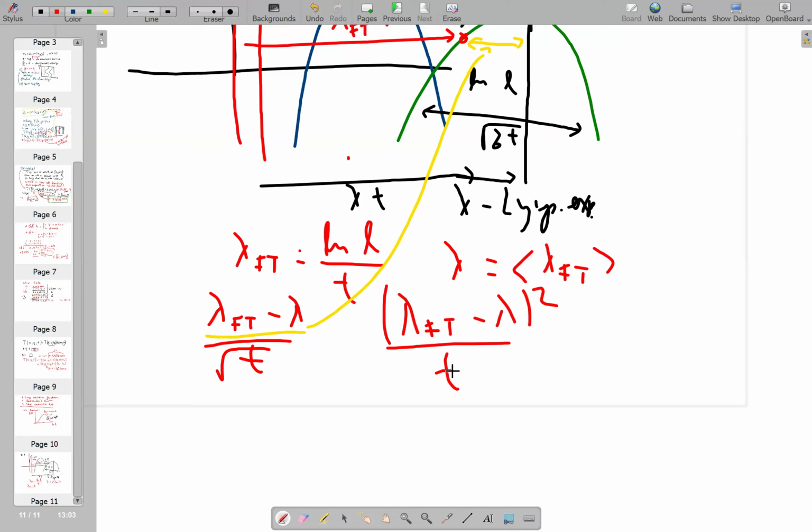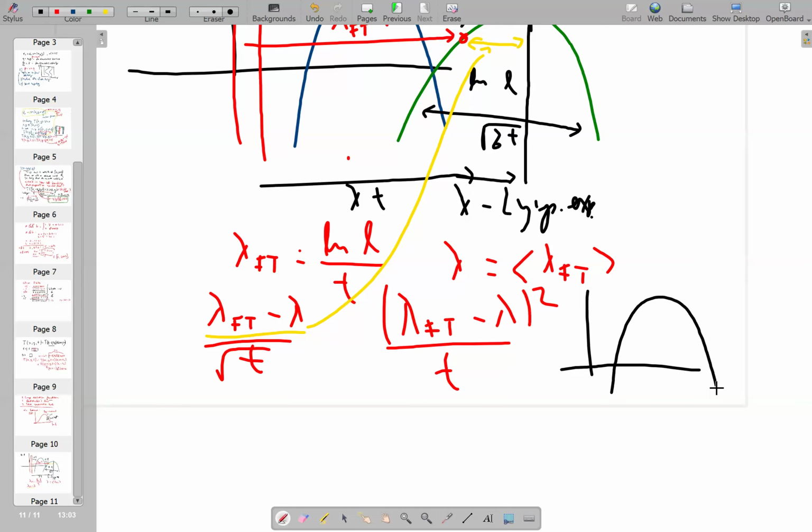So if we now make a graph, how would it look more or less? It would be something like that. We have now some kind of universal curve.